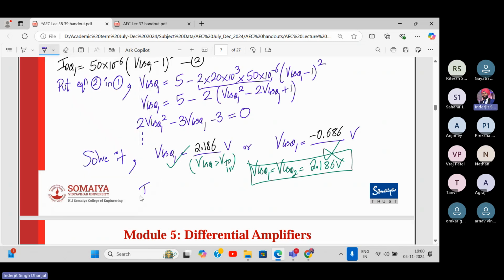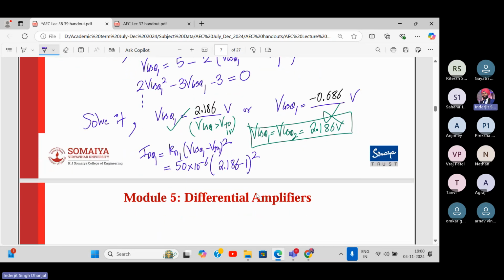And now we find the value of IDQ1, which is KN1 into VGSQ1 minus VTO1 the whole square, which will be 50 micro into 2.186 minus 1 the whole square. Let me know how much is the value of IDQ.